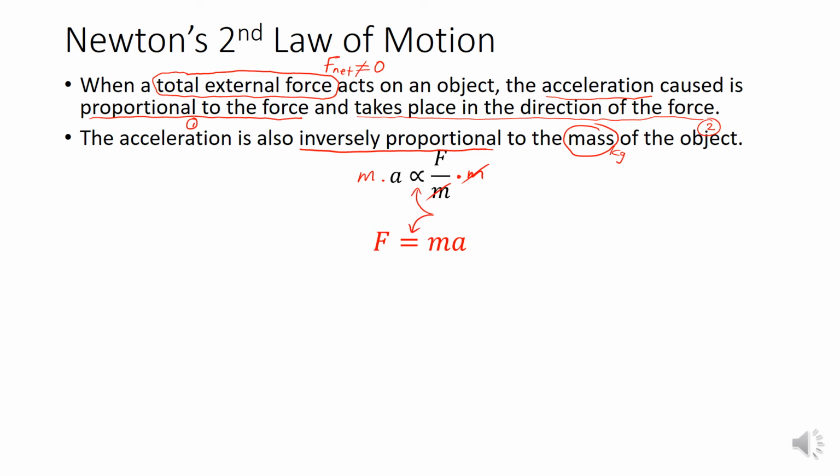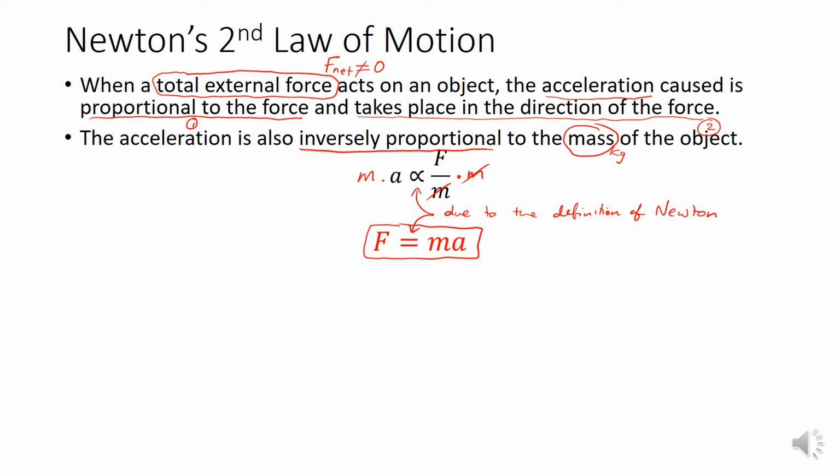I'll tell you why in a moment. F equals MA, and so this you'll become very, very familiar with, and it's quite famous. And we can change the proportional sign to an exactly equal to sign due to the definition of the unit Newton. So F equals MA is what you need to take away from this.